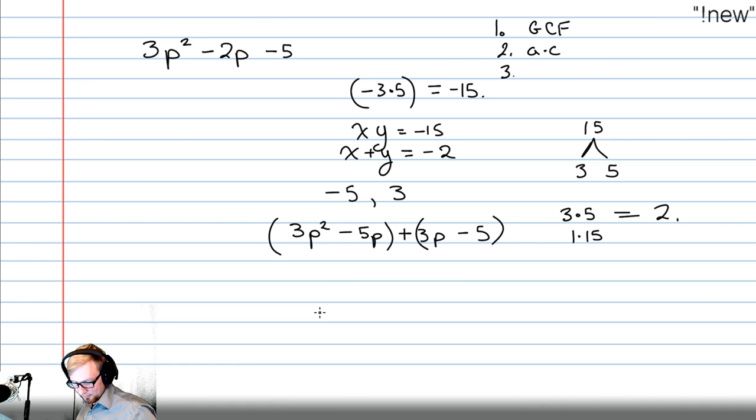3p squared, or no, minus 2p minus 5, and then we have negative 15 and 2. Negative 5 times 3, and then 3 plus negative 5.